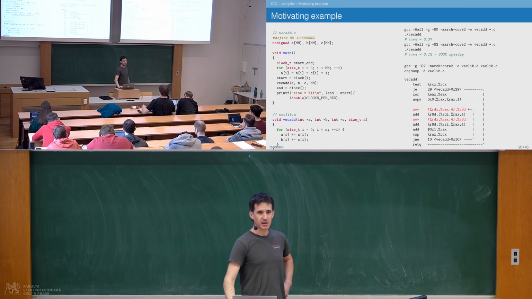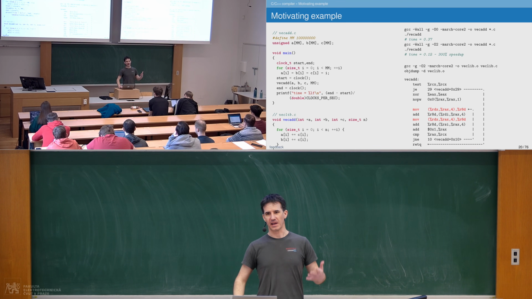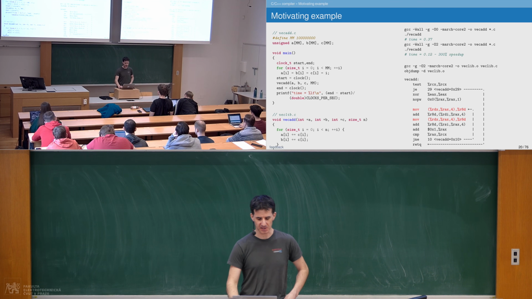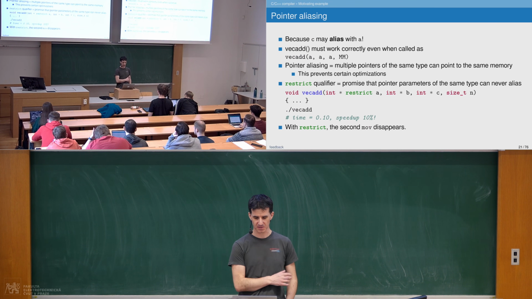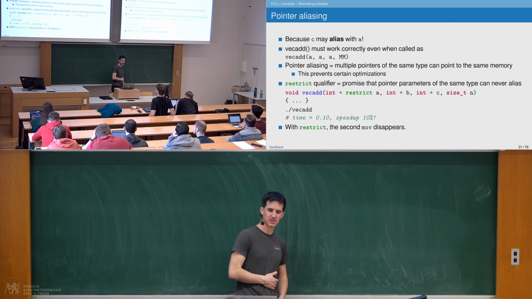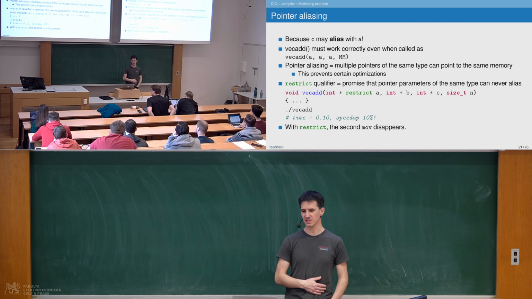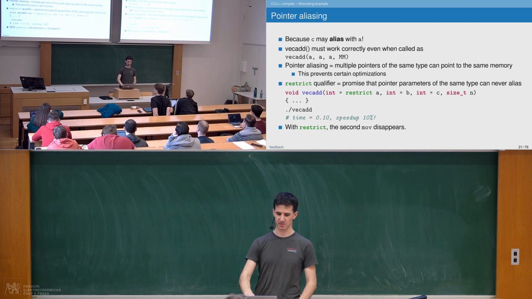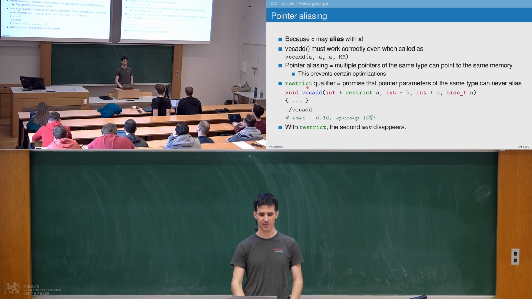So the question is whether there is a way to tell the compiler, hey, we are never passing a single vector to all 3 parameters. And yes, there is a way. If you study a C standard, you will learn that there is something called the restrict qualifier.